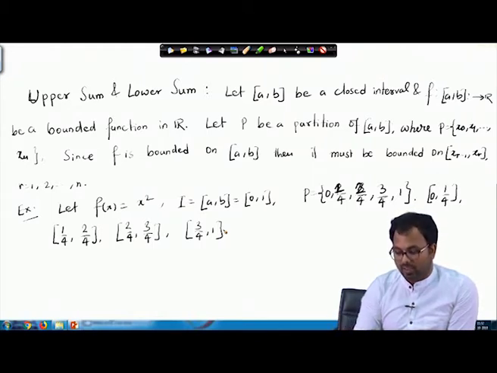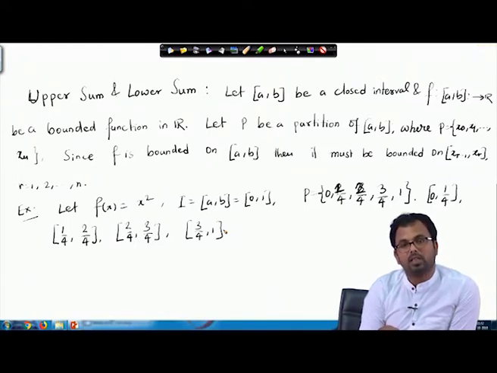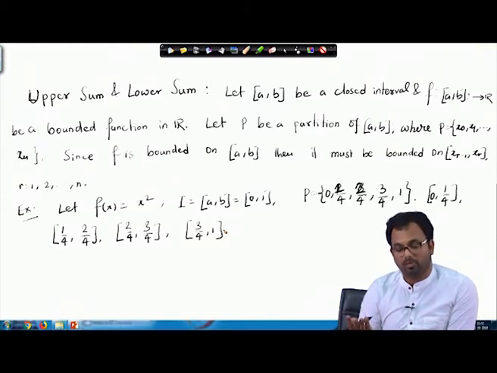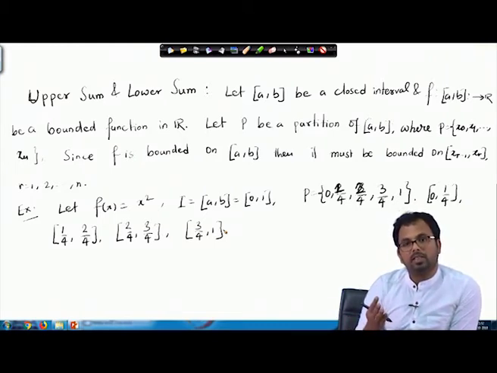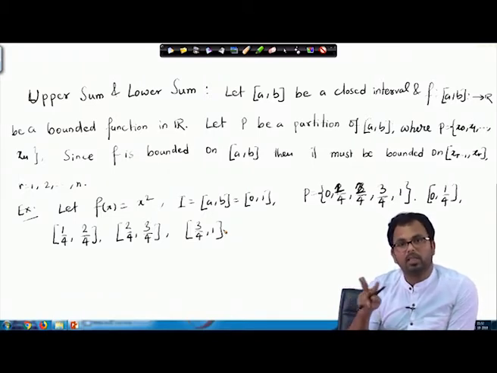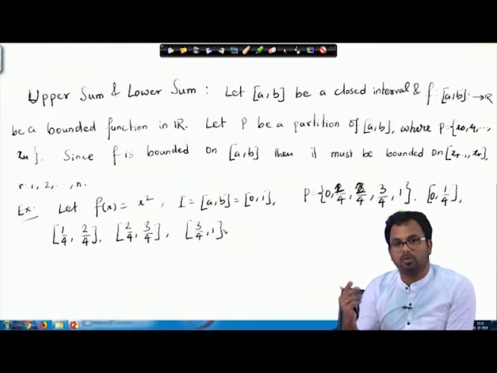On the interval [0, 1 by 4], the lower bound is 0 and the upper bound is 1 by 16. In the interval [1 by 4, 2 by 4], your lower bound is 1 by 16 and upper bound is 1 by 4. Similarly, on every one of these subintervals you will get an upper bound and a lower bound. Now we will define these upper bounds and lower bounds for the whole interval [a, b] and also for these small subintervals.